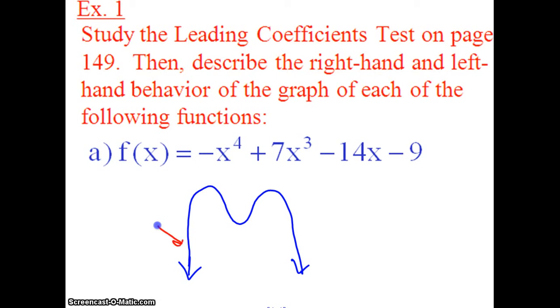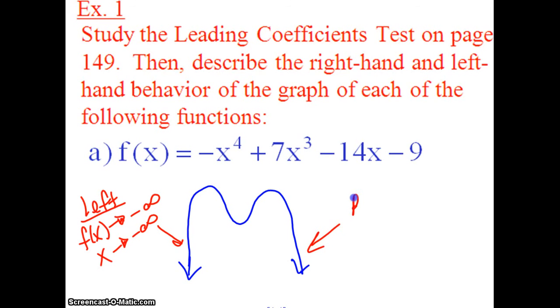On the left side, your function is going down as x is going to the left. What about the right side? Your function is going down. And since you're talking about the right, x is going to positive infinity.